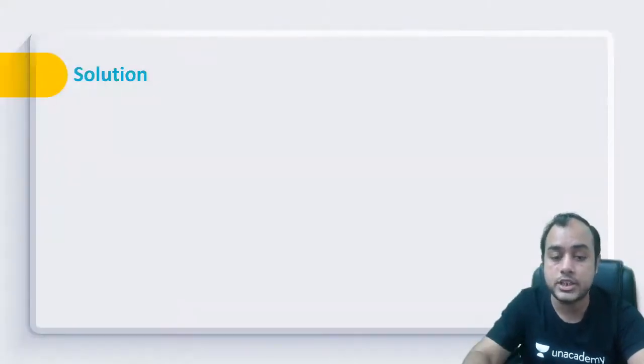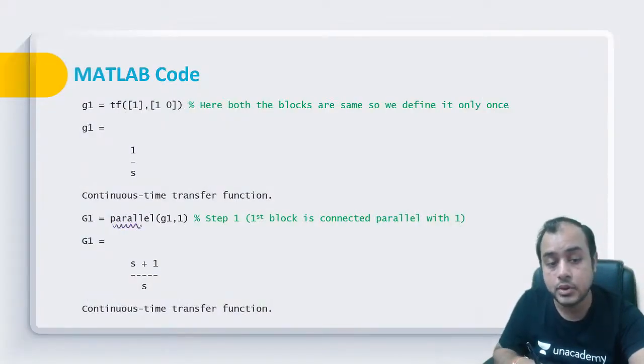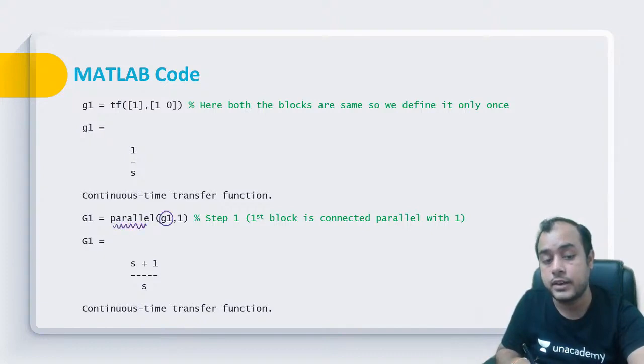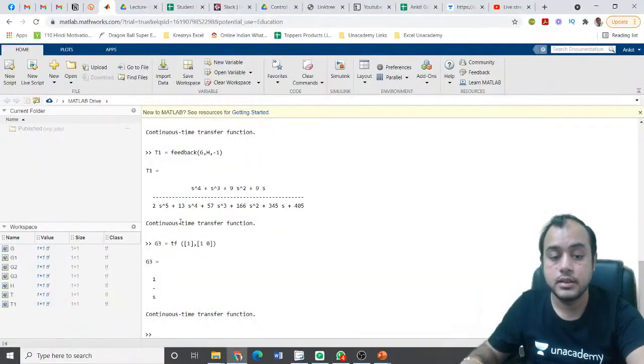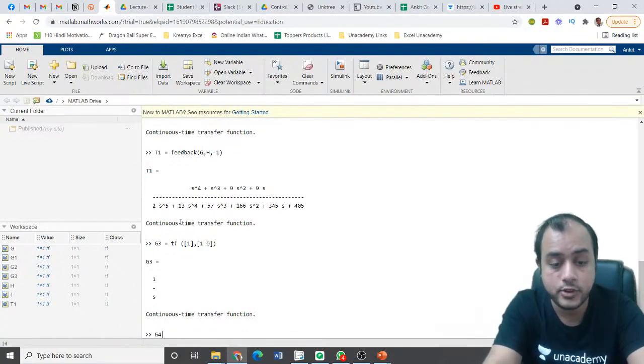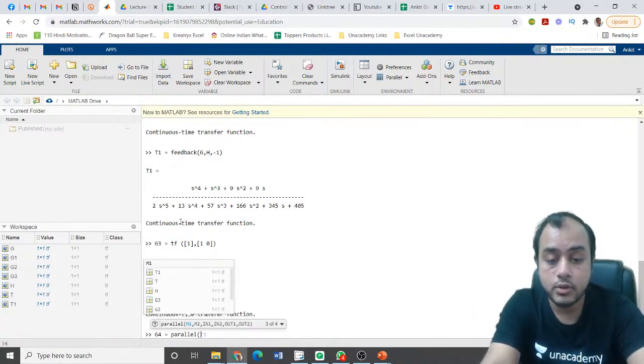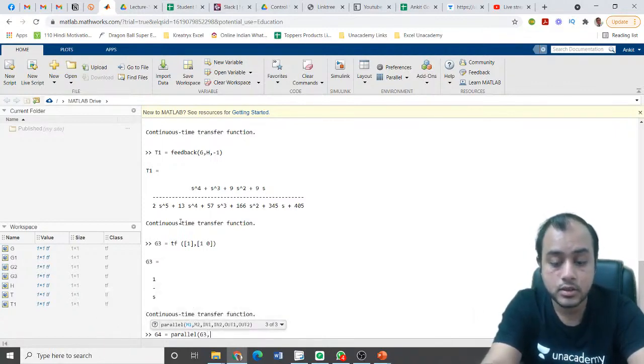For a parallel connection, you write parallel of the transfer functions. Let me write G4 equal to parallel G3 comma 1.